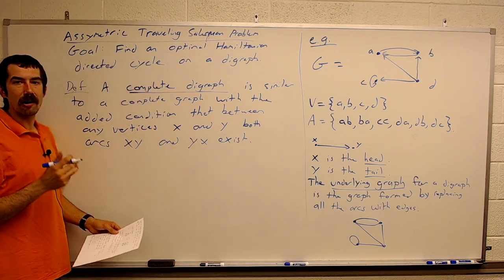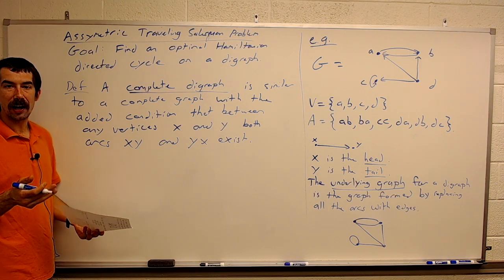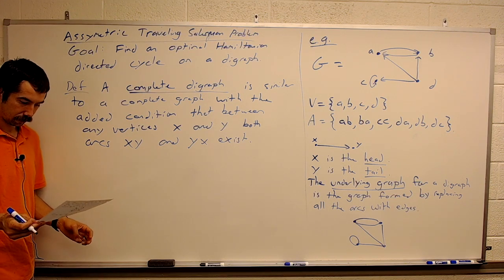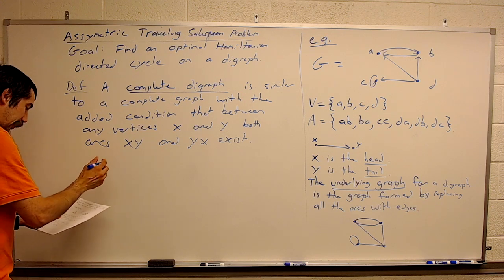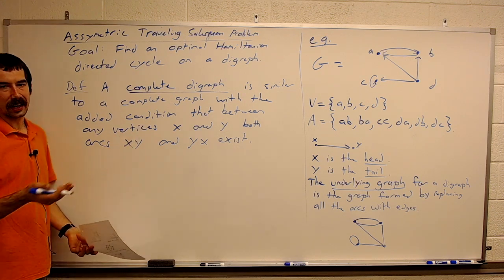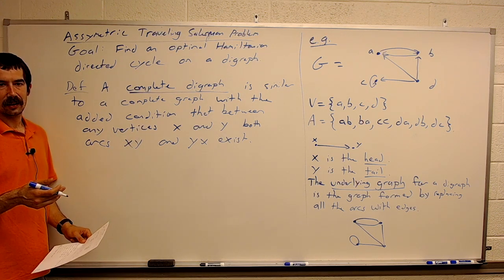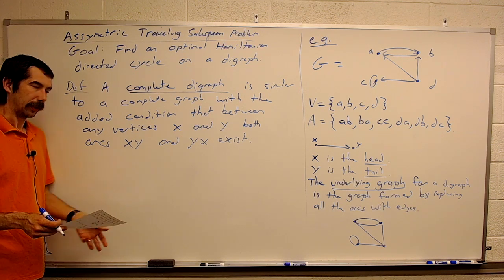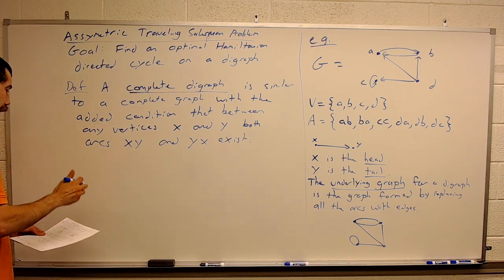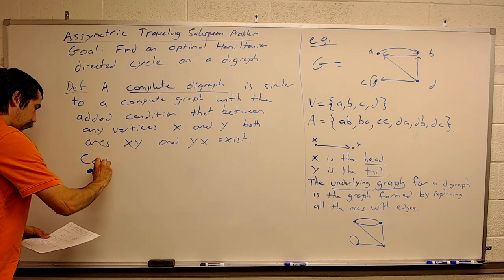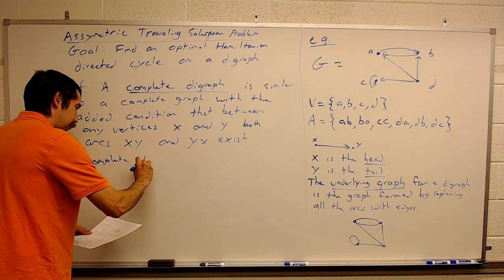Okay, so we're going to have arcs between all possible pairs of vertices. All right, and so for example, the complete directed graph doesn't get a fancy letter like Kn. We could give it a letter if we wanted to.